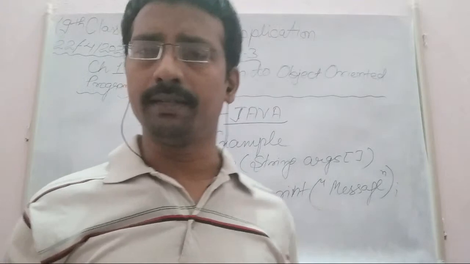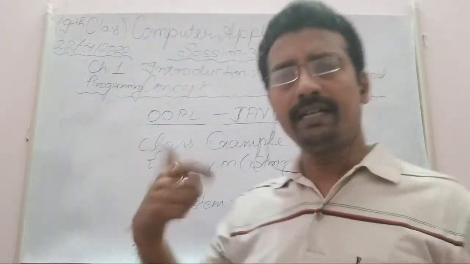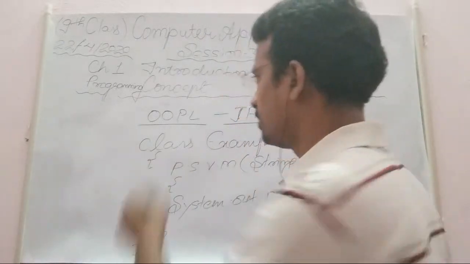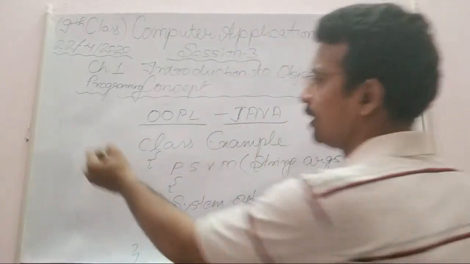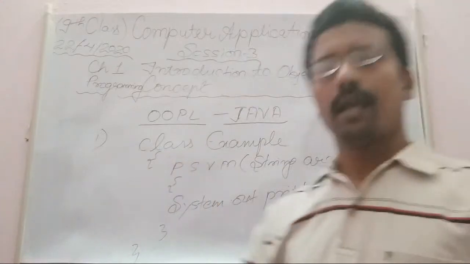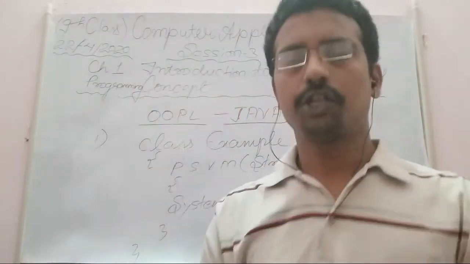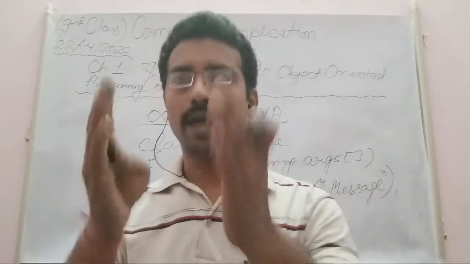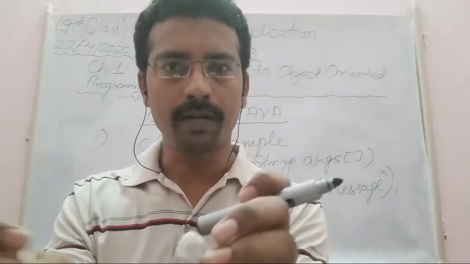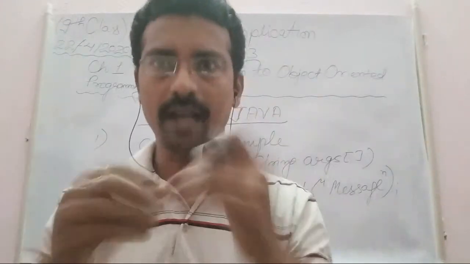A question is there: how many types of Java program can be written? The answer is that Java contains two types of program. One is in front of you, but not only this. Any program which needs a Java virtual machine to execute. A little bit of idea about the Java virtual machine, don't worry, I will repeat it.